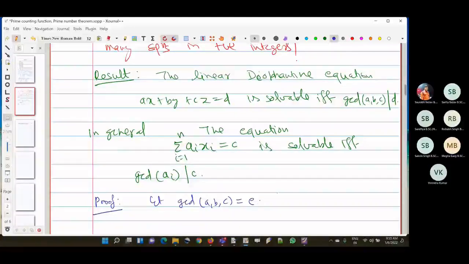So e should divide a, e should divide b, and e also divides c.